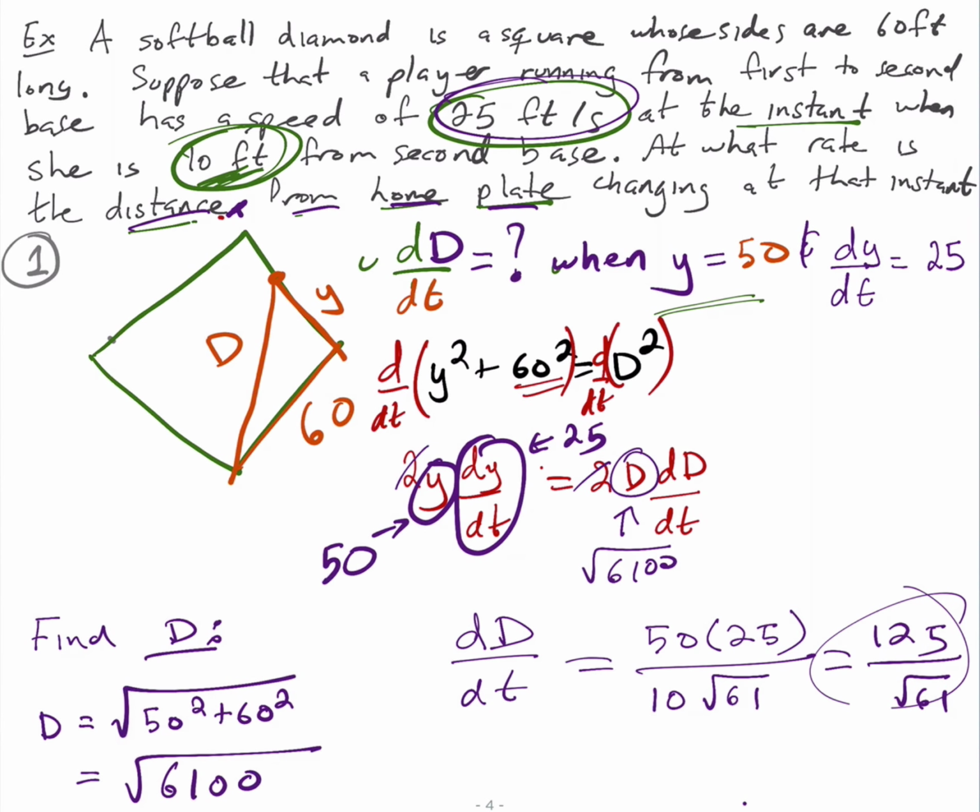125 over square root of 61, about 1.6. Yeah, what is it? 125 divided by square root of 61? 16.